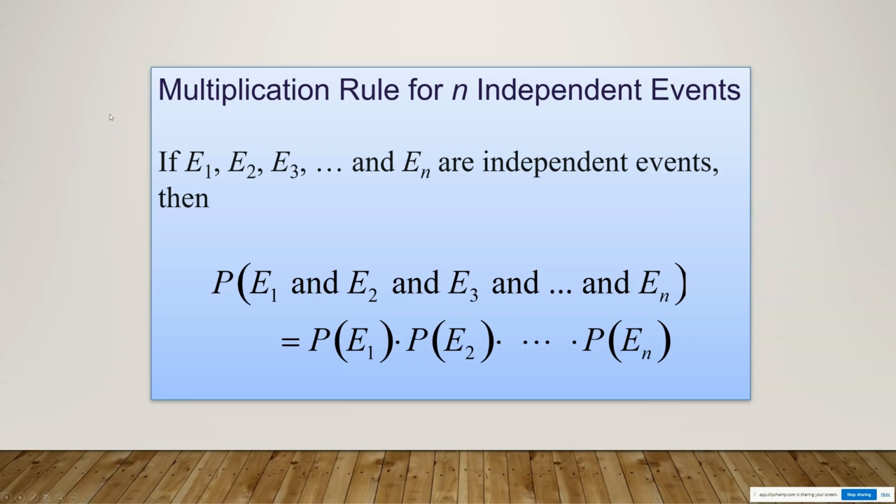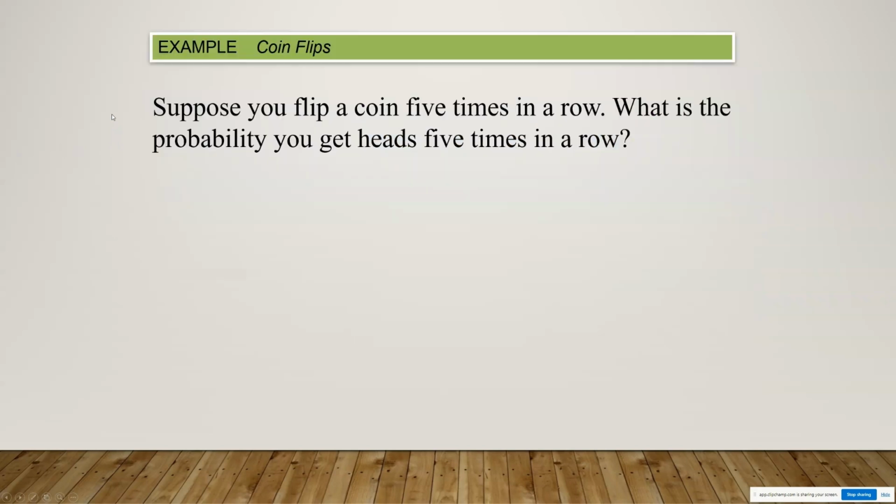All right, let's try one example with this. Suppose you flip a coin 5 times in a row. What is the probability you get heads 5 times in a row? I want to find the probability of 5 heads.